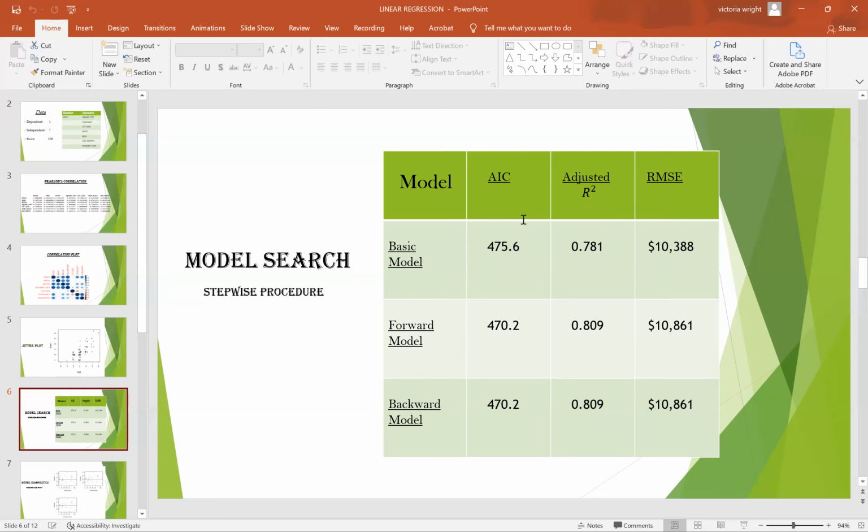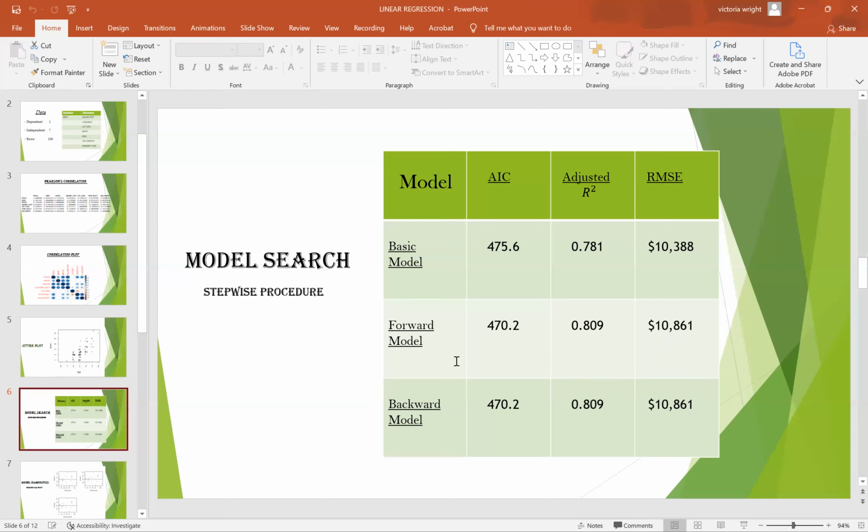That's why you see they have the same AIC, 470.2, and the adjusted R square 0.809. And root mean square error 10,861.